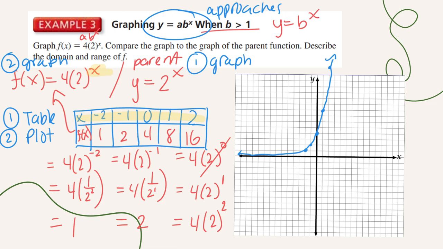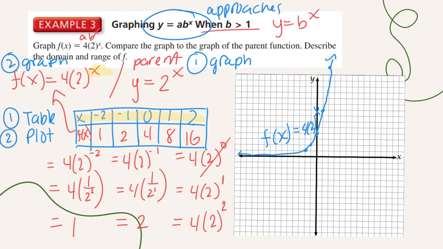This is f of x equals 4 times 2 to the x, correct? Now where's my parent? My parent, we established, has b greater than 1, which is 2 in this case.